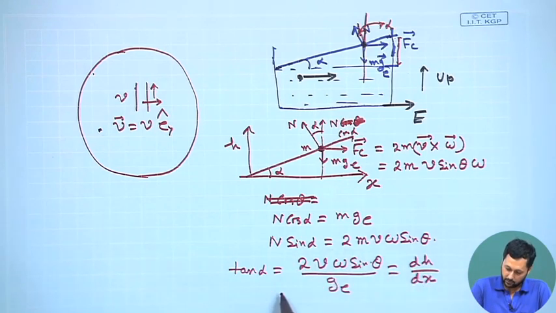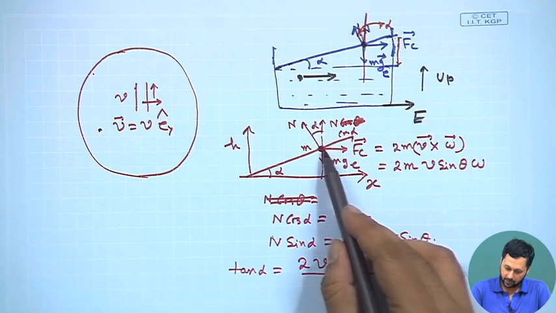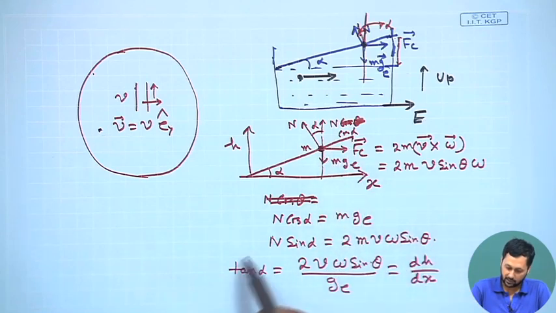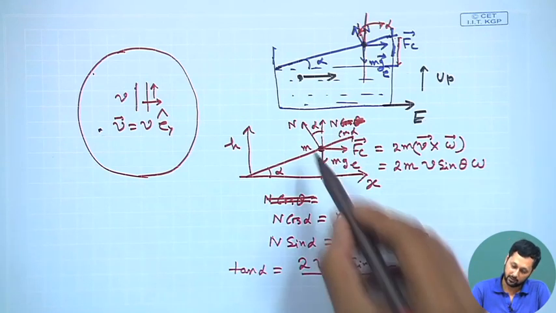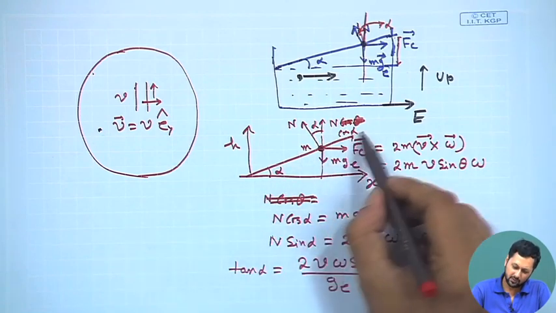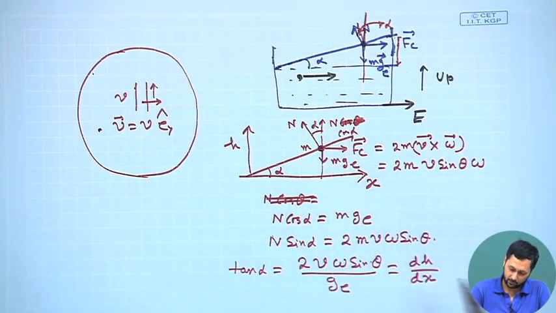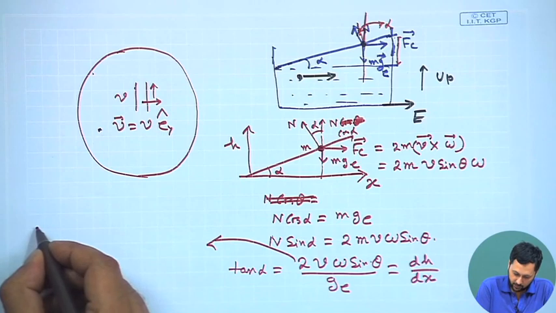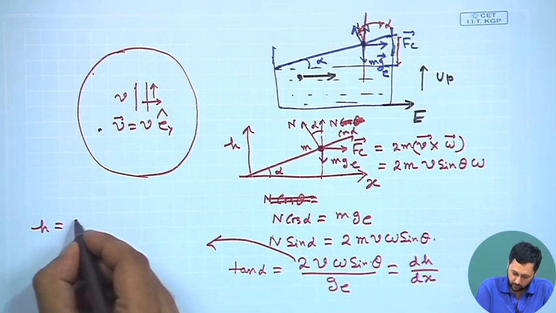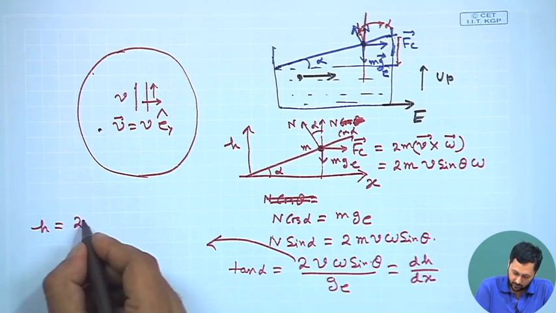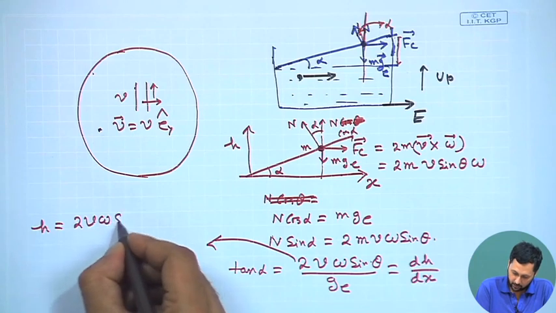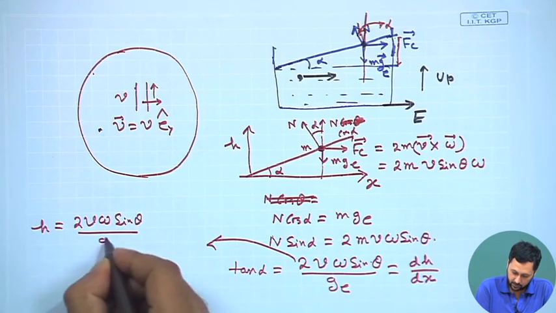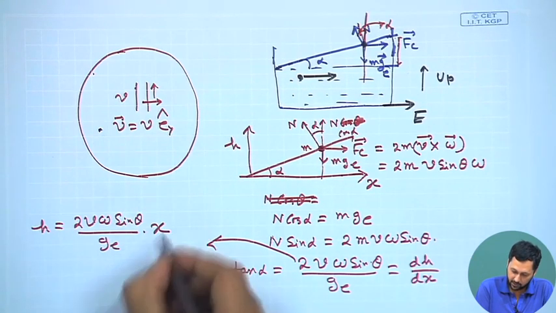So, we get an expression just by calculating the force components. We can calculate tan alpha, which is the instantaneous slope of this surface, which will remain constant of course, but that is not strictly important, and it is given by dh dx. If we just integrate this relation, we get h, a linear relation, equal to sin theta by g multiplied by x.